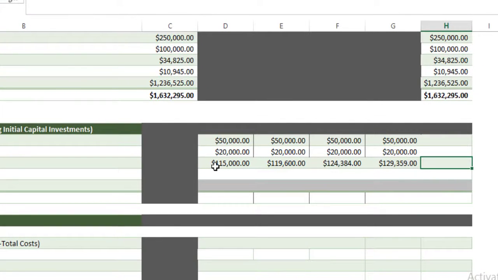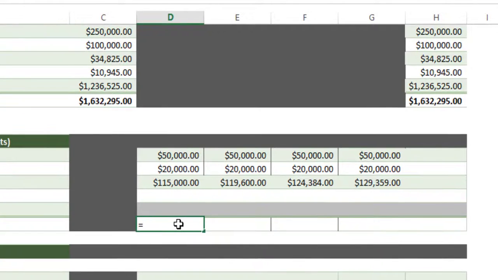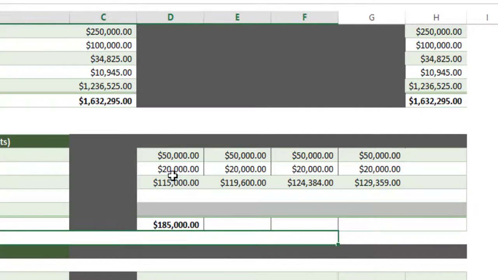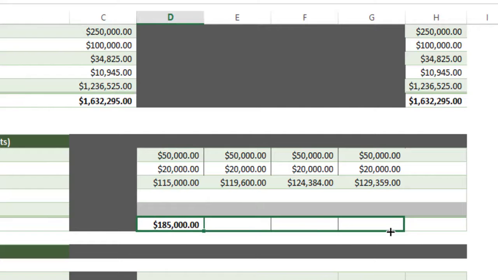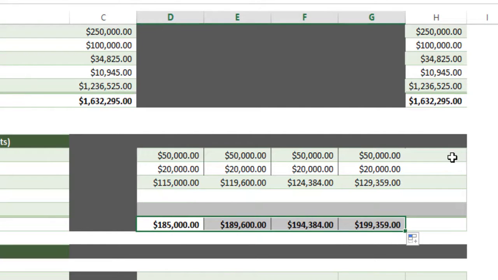And those are the only operational costs we are going to have. Similarly, the same way we calculated the totals, we are going to say sum. Then we compute that particular range. It's going to give us that particular total. We can populate it.